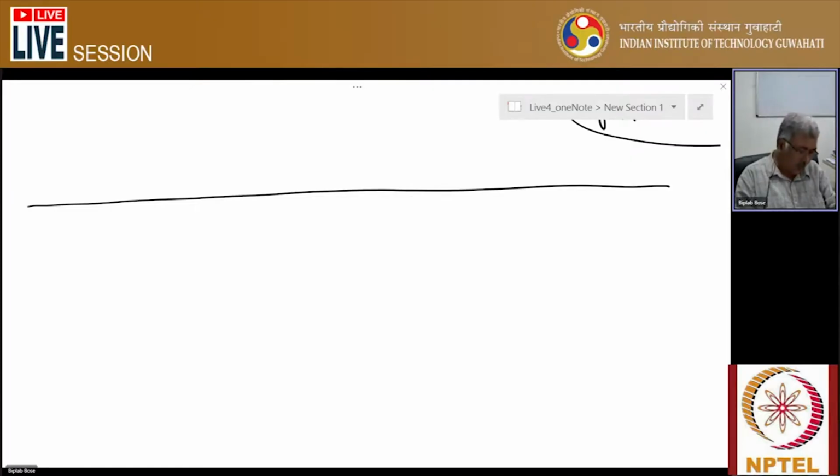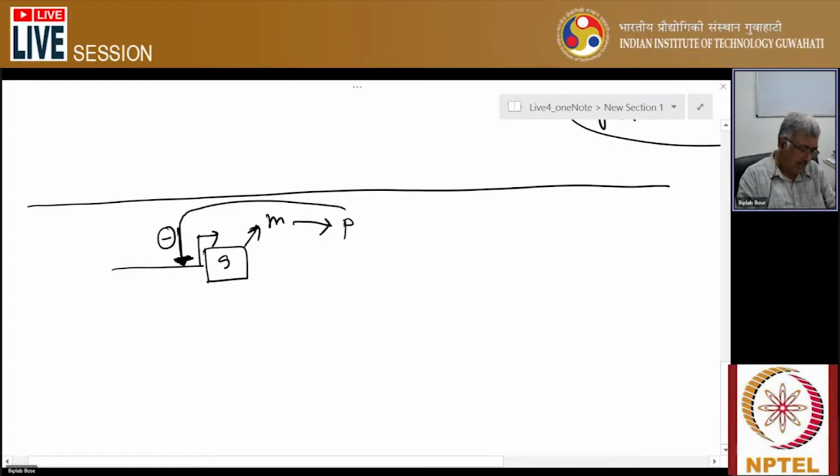So I have this gene, and mRNA is produced. The protein gives a negative control, and the signal is giving positive. For both I am allowed to use Hill function.